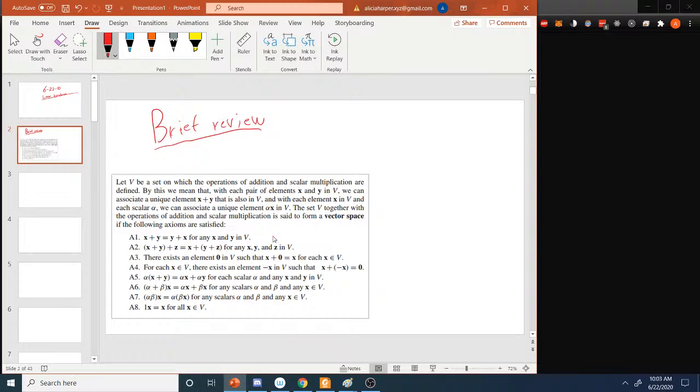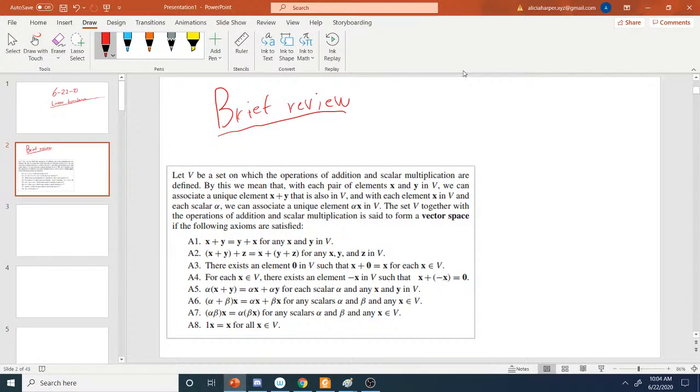For example, A4 here tells you that whenever you have an x in your vector space, there is a negative x in V, such that if you add the vector plus its negative, you get the 0 vector. And if you add the 0 vector to anything, you just get the vector back. So these are the axioms of a vector space. And not only did we talk about what a vector space is, we introduced another notion that's equally important, which is the notion of a subspace.